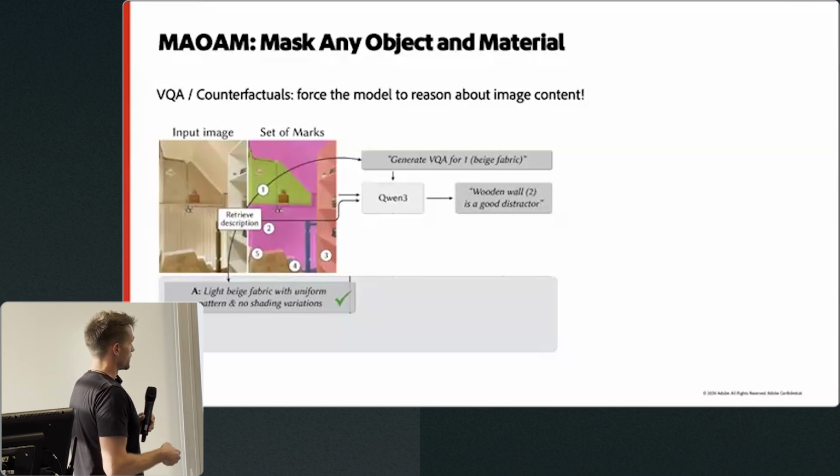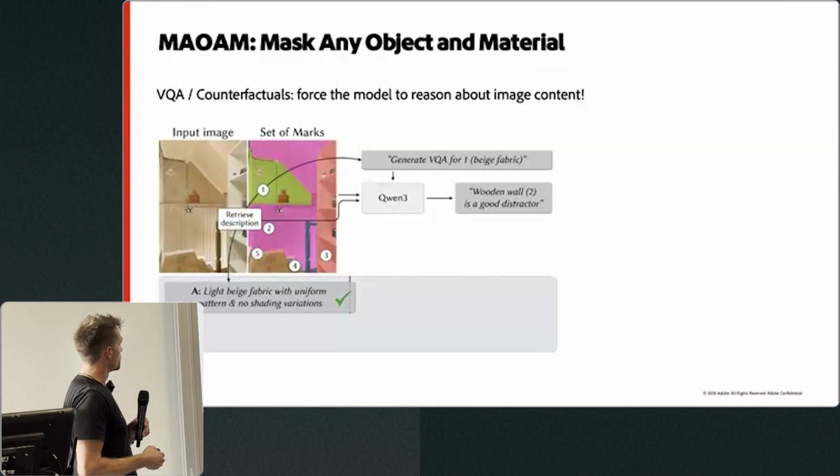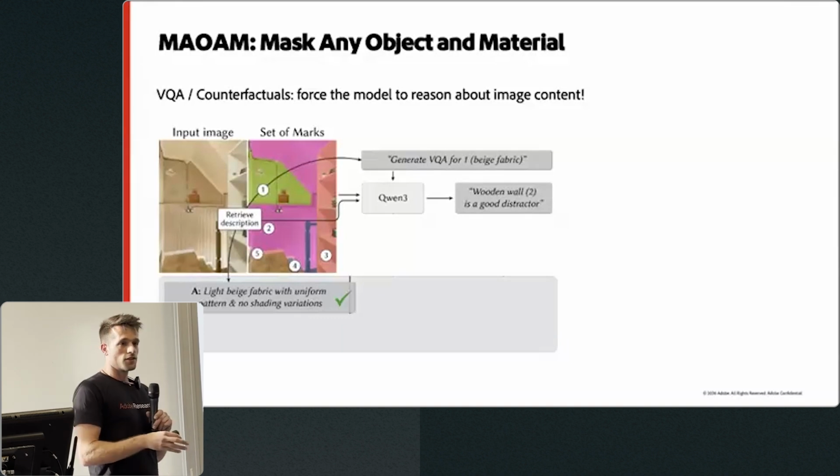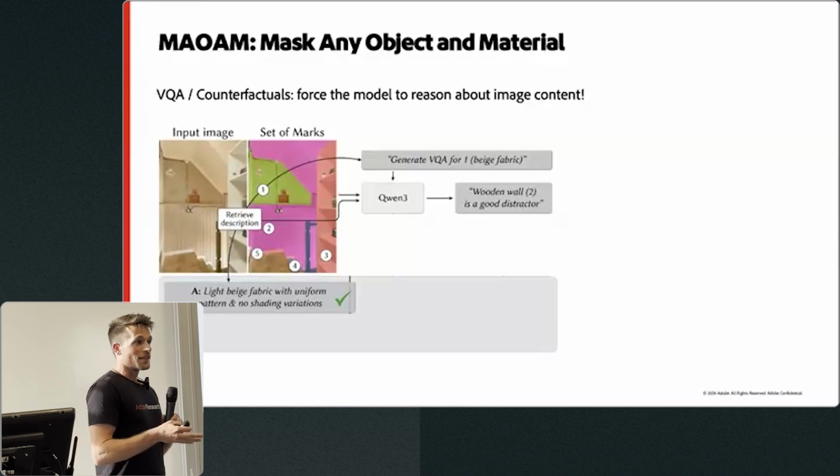This helps the VLM to understand better what's what. And this is an example from the training data. We pick this material here, which is this gray wall in the back, and we retrieve the description that we generated in the previous step, which says light beige fabric, uniform patterns, no shading variations, and so on. Then we give this description to another VLM and say, okay, take this description and generate distractors from it. They have to be plausible.